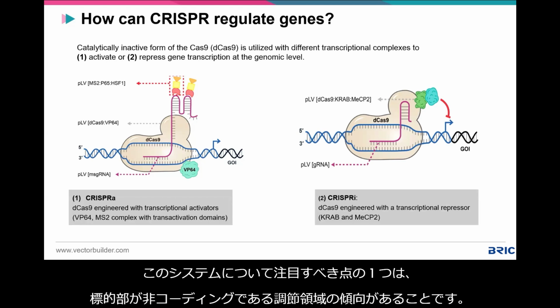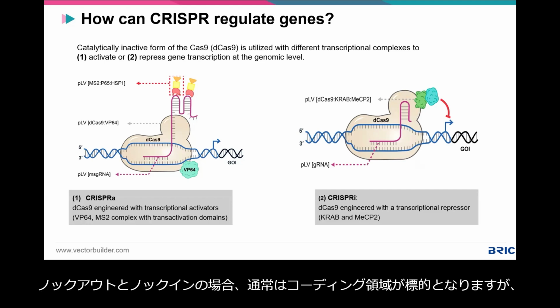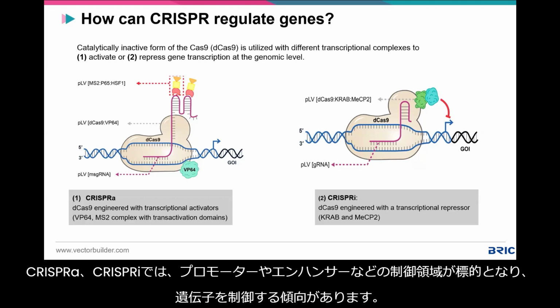One thing to note about this system is that the target sites here tend to be regulatory regions that are non-coding. For knockout and knock-in, that tends to be typically the coding region. But here, it's usually the promoters, enhancers, what have you, the regulatory regions.